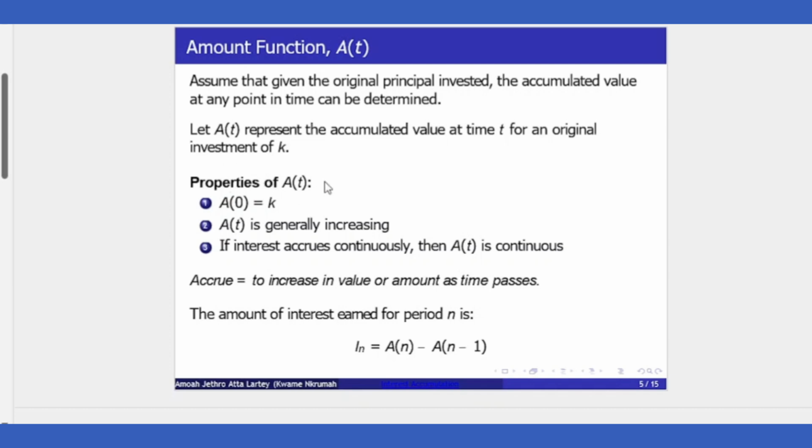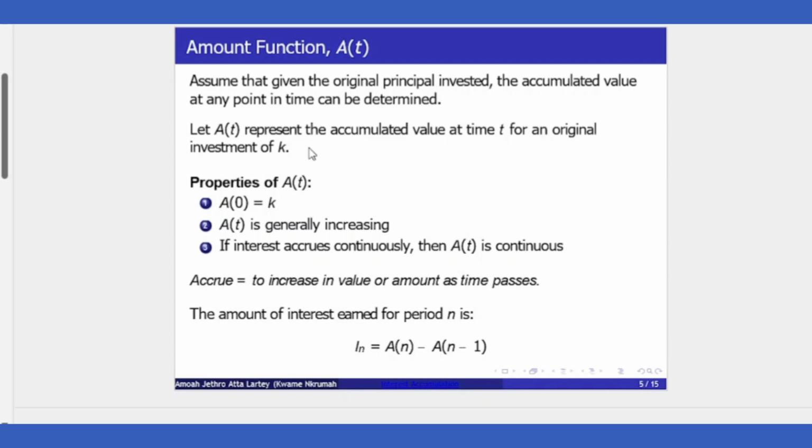Now we have the properties of the amount function. The amount function at time 0 is the money you invested. Let A of t represent the accumulated value at time t for an original investment of k. So let's say I'm holding k right now.